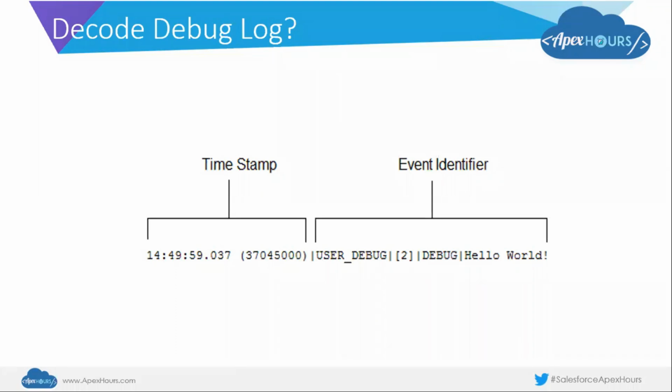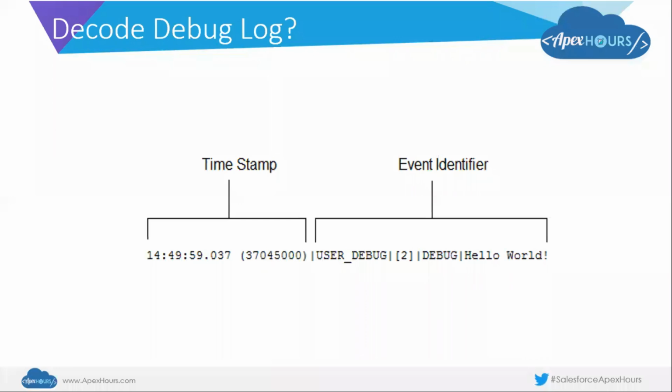And then your actual debug statement, Hello World. This is how your entire debug statement is divided, and it helps you identify your errors and your locations. Similarly, here it's line number 2. It helps you identify the timestamp when exactly this error occurred.